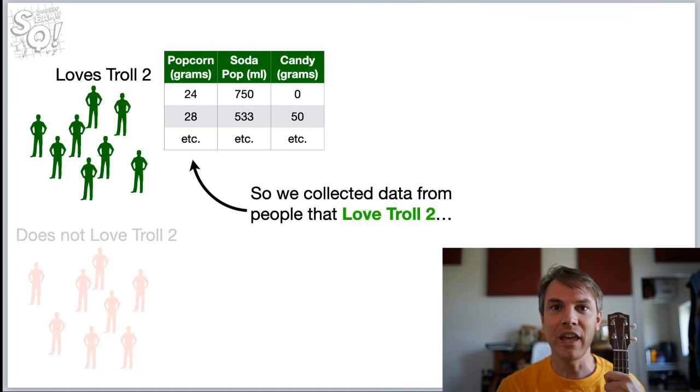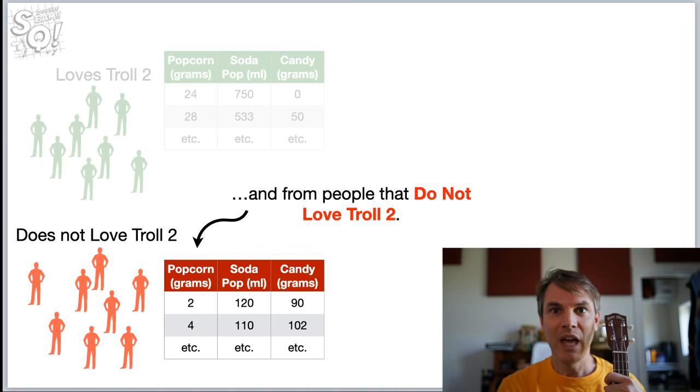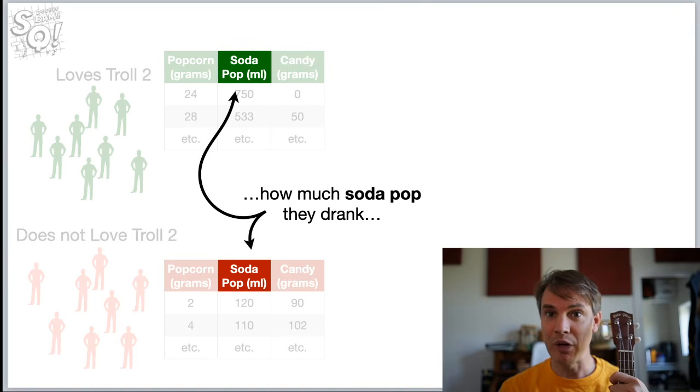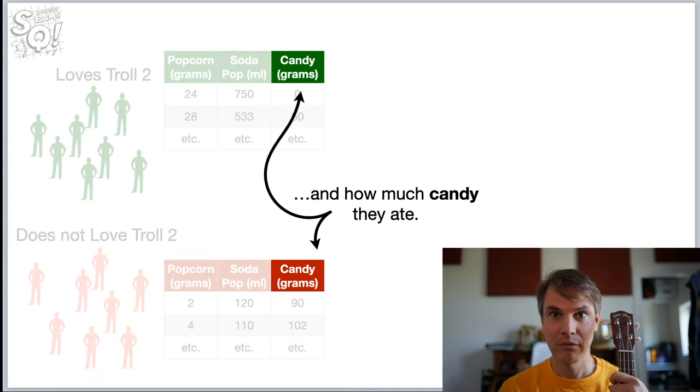So we collected data from people that love Troll 2 and from people that do not love Troll 2. We measured the amount of popcorn people ate each day, how much soda pop they drank, and how much candy they ate.